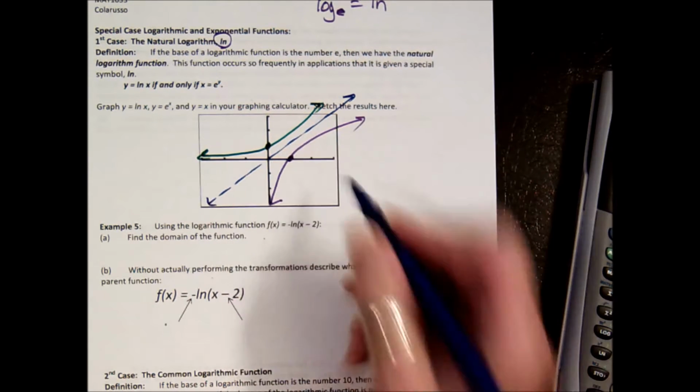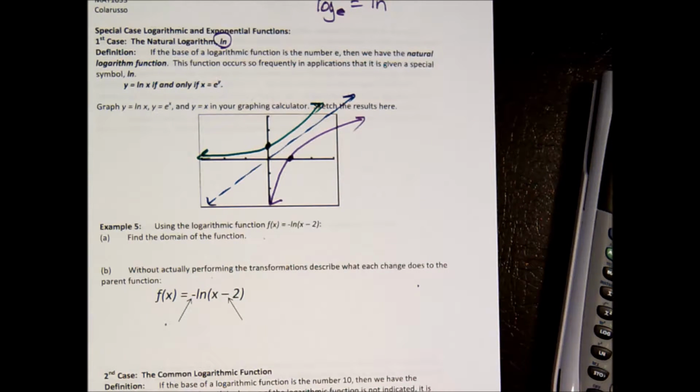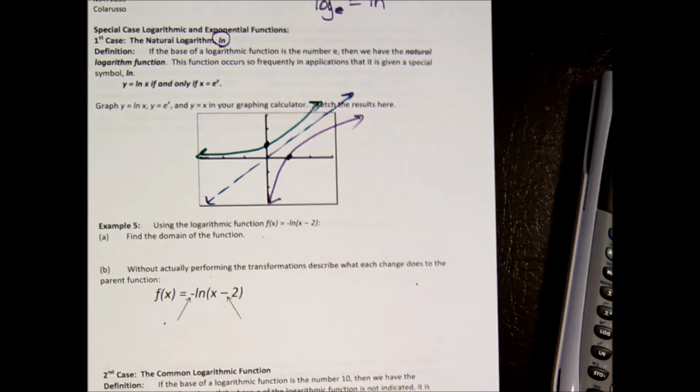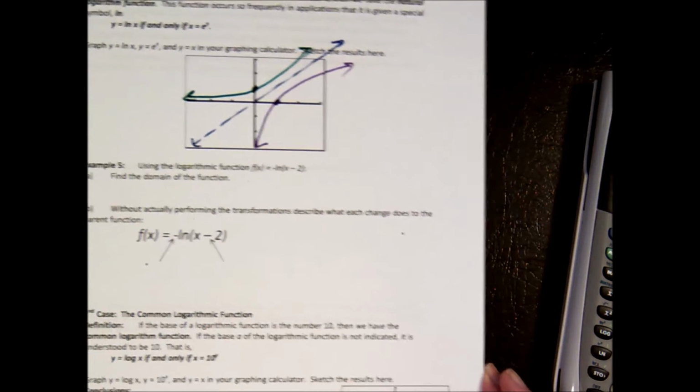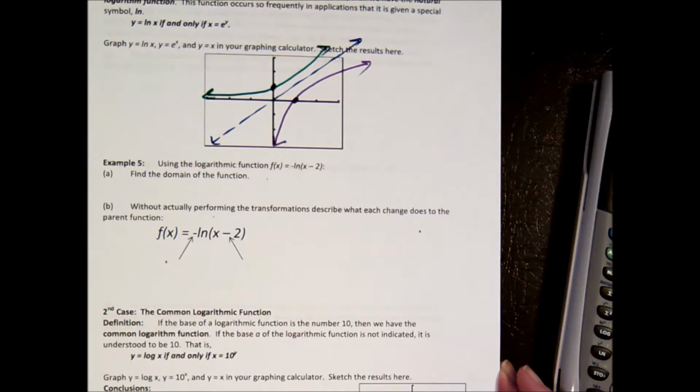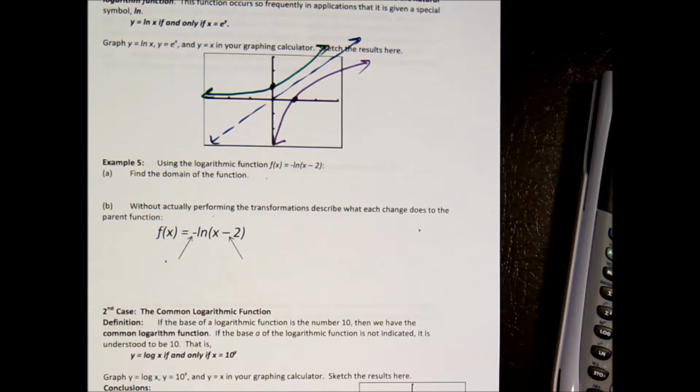So the purple is the logarithmic, the natural logarithmic, so the ln, and the green is the exponential with e as the base. So in example 5, it says using the logarithmic function f of x equals negative ln of x minus 2, find the domain of the function.